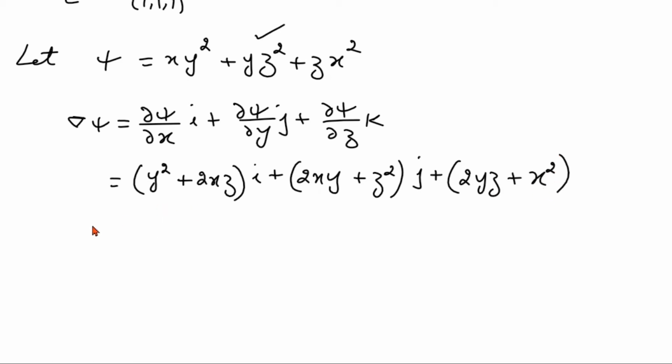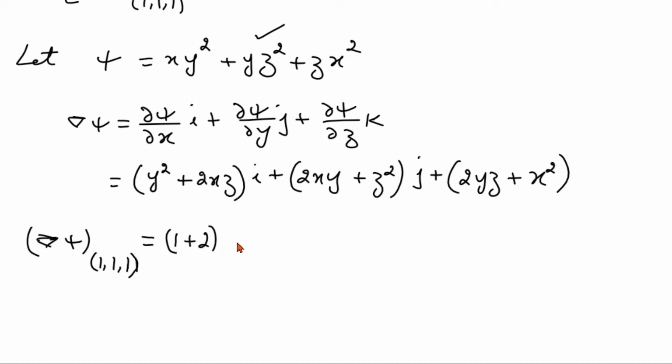Once again, I'll try to find this del psi value at the point (1, 1, 1). So put the value of x as 1, y as 1 and z as 1. Here the y square value will be 1, so 2 times 1 will be 2.